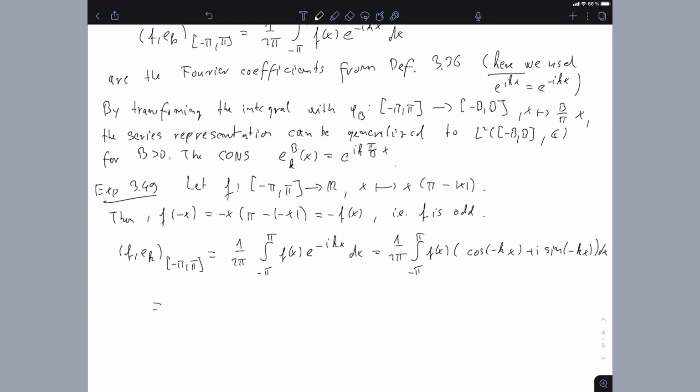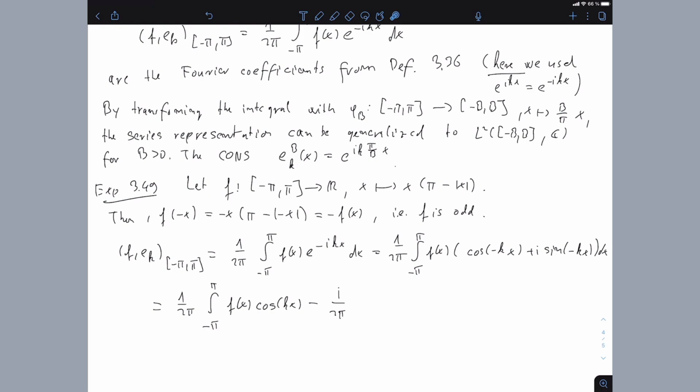Now just a tiny bit of reordering. That's f of x times cosine kx, because cosine of minus kx is the same as cosine kx, minus i divided by 2 pi, pulling this out and using that minus sine kx is sine of minus kx.